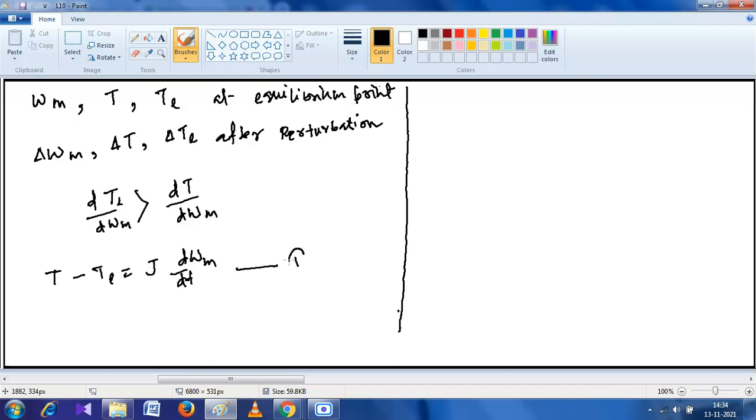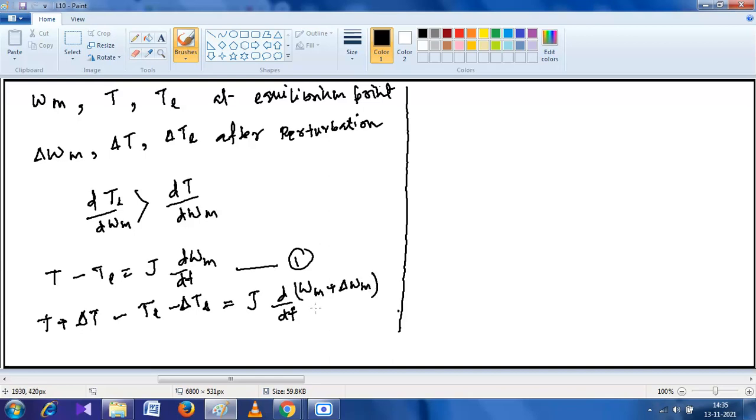Suppose this is our equation number 1. After a small disturbance, or say after perturbation, what is the equation at that time? T plus delta T minus TL minus delta TL is equal to J d/dt of omega m plus delta omega m.